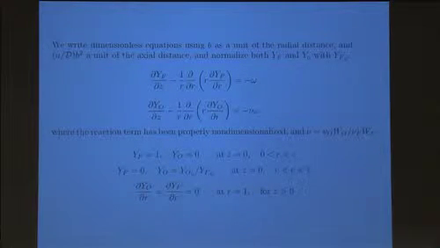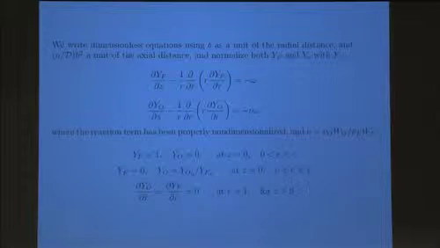So they wrote the equation for the fuel and for the oxidizer. You see, they are parabolic equations because convection is only in the axial direction and diffusion is only in the radial direction. The equations written here are made dimensionless using the radius of the outer cylinder, B, as a unit of distance in the radial direction.